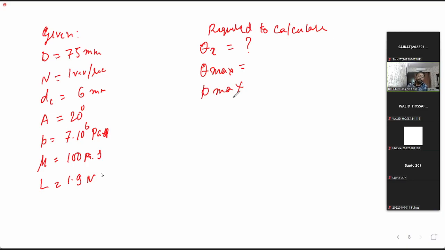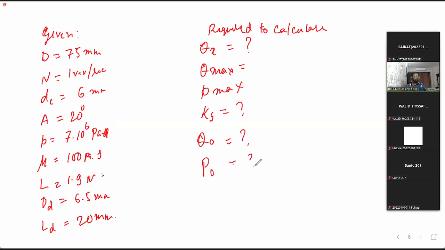We have to find out the Ks for a circular die. The diameter of the die opening is given as 6.5 millimeter, and the length of the die is given as 20 millimeter. So we have to find out the Ks, and we have to find out the QO and PO. That is the thing we are going to calculate.